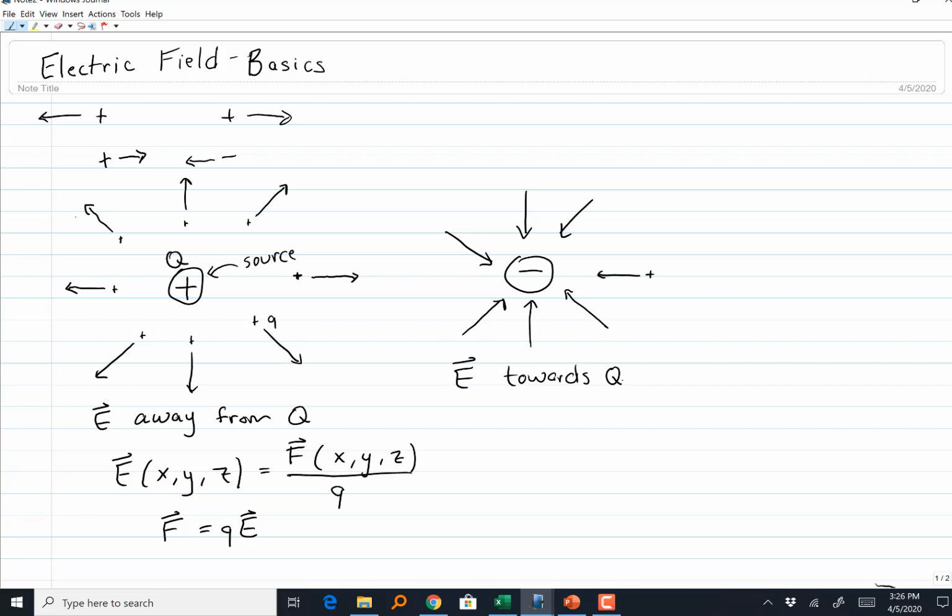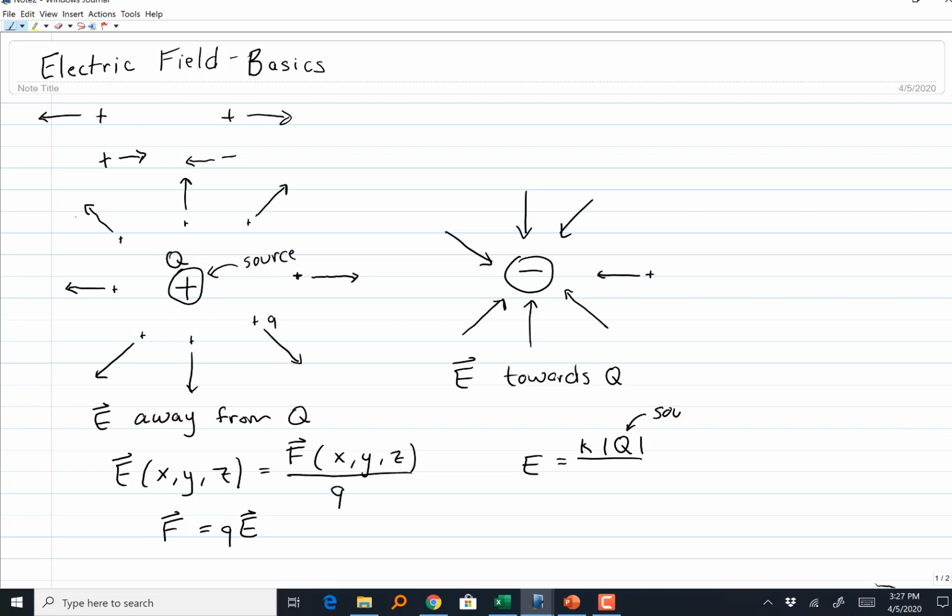All right, so the last thing that we can say is that the electric field for a point charge, and in this case we're just talking about the magnitude, again that direction's coming from whether that charge is positive or negative, telling us whether it's pointing towards or away from the charge, but the magnitude of it we can say is k, our constant, 8.99 times 10 to the 9th, times Q, our source charge.